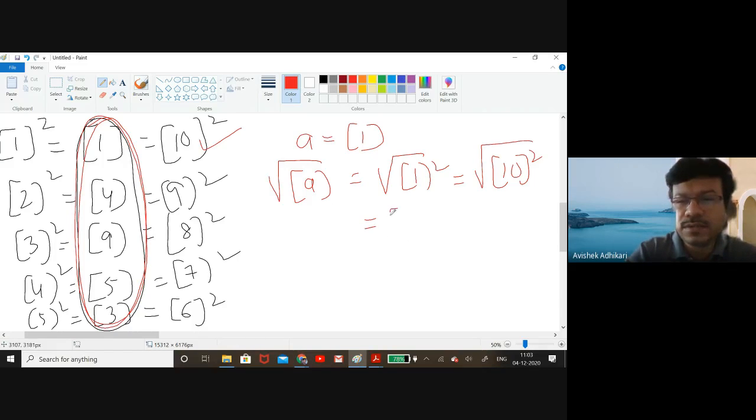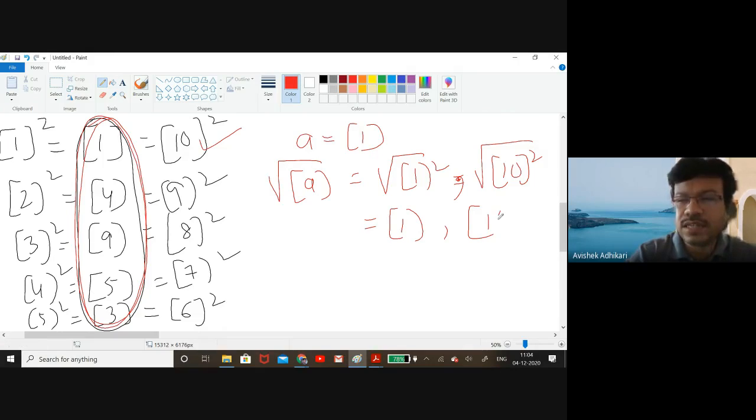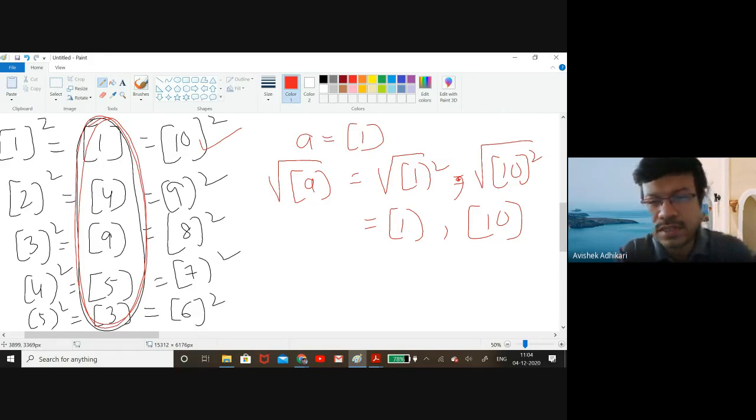And this is nothing but class 1, and also, I should put a comma here, because class 1 and class 10 are not exactly the same, but class 10 also. So the square root of class 1 exists, and the square roots of class 1 are class 1 as well as class 10.